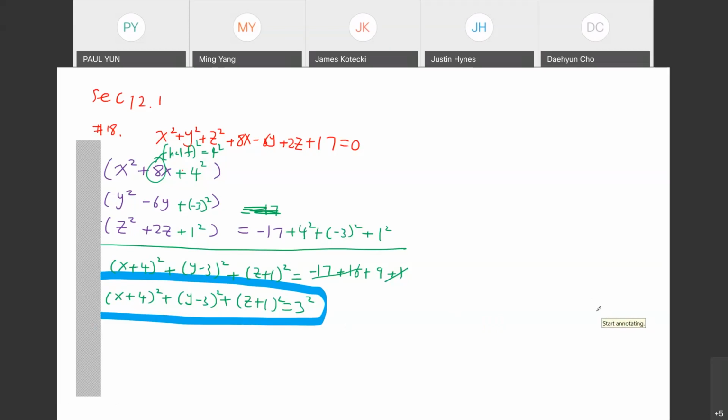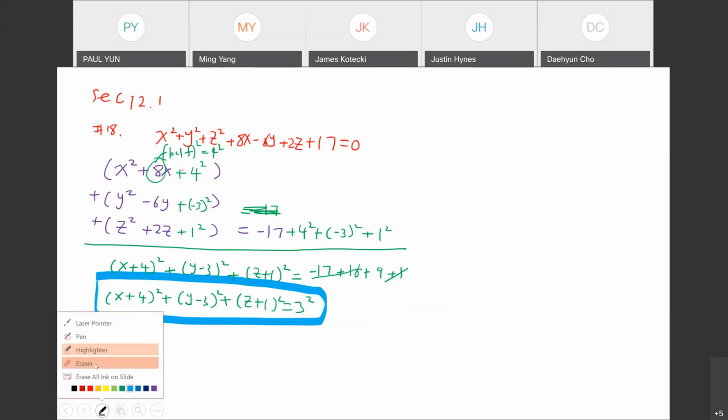Use the highlighter and indicate which line bothers you. Let's say this one. Okay, highlight it. That's the only line, as well as why you did these steps. Okay. All right. Good. Cool.